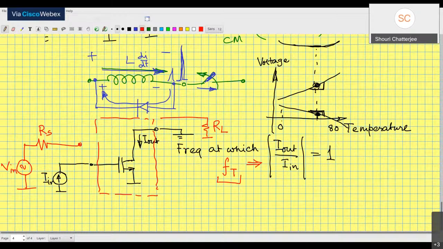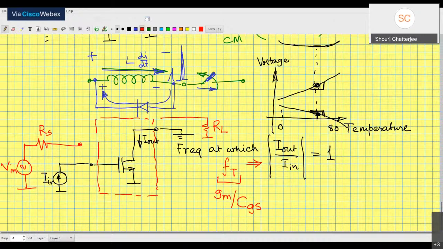All right, so that's pretty much the story with FT. For the MOSFET, we have studied only MOSFETs. If you think of just one MOSFET as a power amplifying device, then FT works out to GM over CGS. You do this experiment with a MOSFET, you do the small signal analysis.